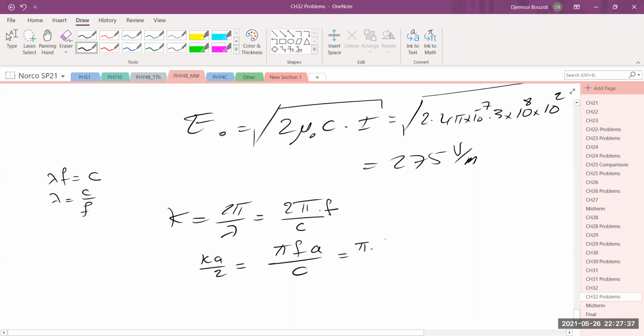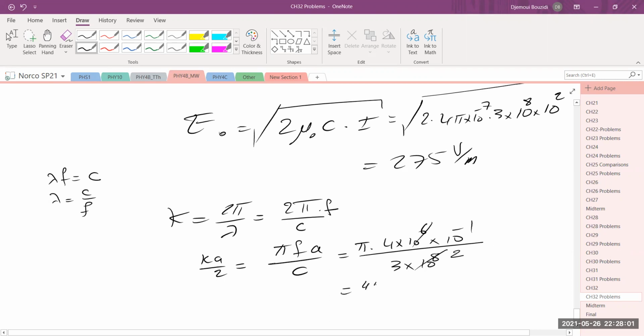So this is pi times the frequency, which is 4 times 10 to the power 6, times the width, which is 10 centimeters, 0.1 meters, divided by 3 times 10 to the power 8. Again, cancel this, I have 10 to the power 2 in here. And when I bring this one, it's going to be 10 to the power 3.